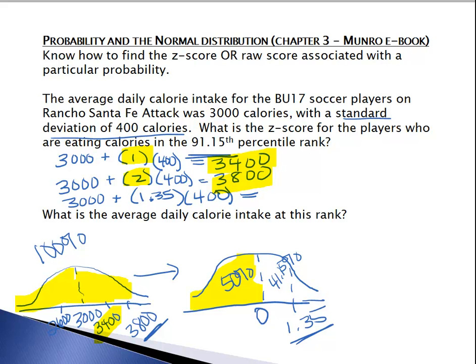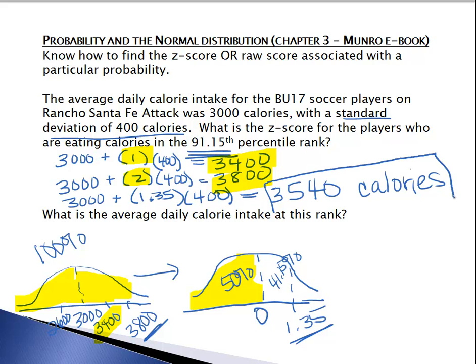And that is 540, and then I add that to 3,000. So that would be 3,540 calories. So at the 91.15th percentile rank, the soccer player is eating 3,540 calories.